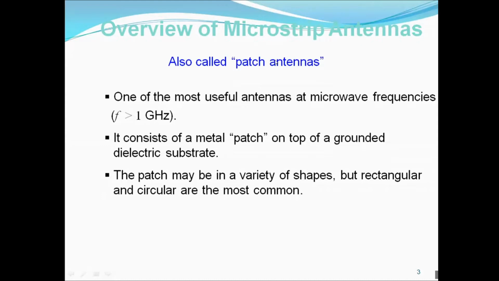Even 5G as a sub-band is 6 gigahertz, but millimeter wave technology starts from 18 to 110 gigahertz. We cannot directly jump to 18 gigahertz, so as part of antenna design we have to start from the microwave frequency ranges, which are above 1 gigahertz.